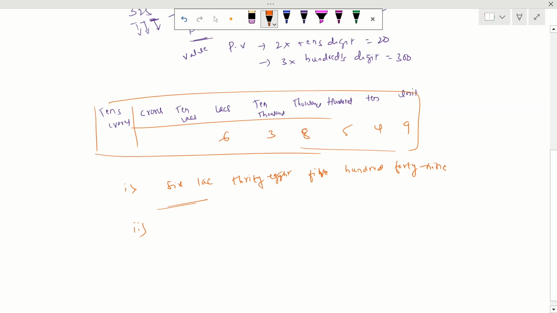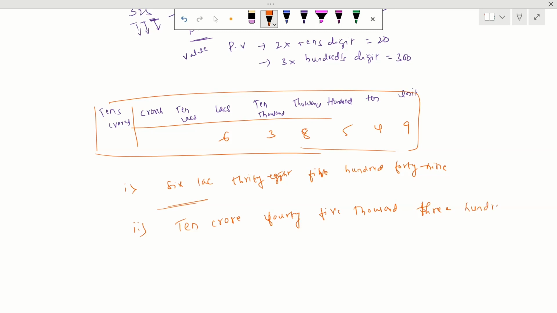And sometimes it will be given as a sentence. Suppose I give a sentence in words: 10 crore 45,000 300.